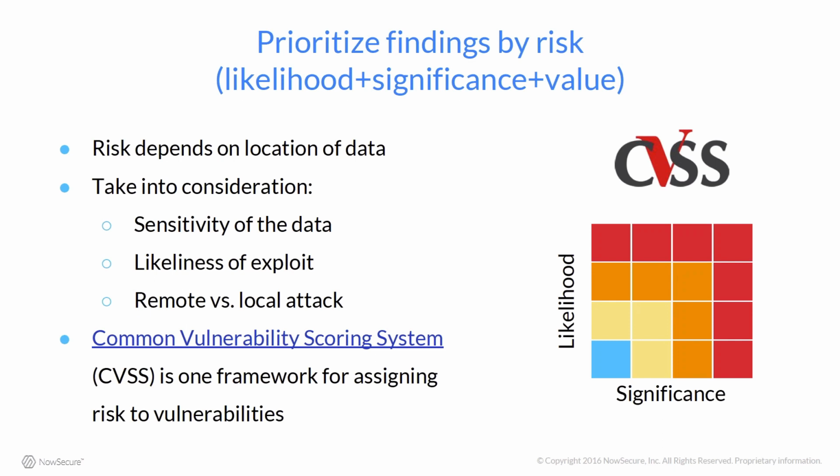So when assessing risk, it's important to take things into consideration, such as how sensitive is the data that you were able to access, how likely is it that a malicious actor could get access to that data, and would someone need physical access to the phone, or could this be done remotely? Using our data at rest examples from earlier, data stored on the SD card is definitely a higher risk than data stored in the private app folder, since other applications have access to the SD card.